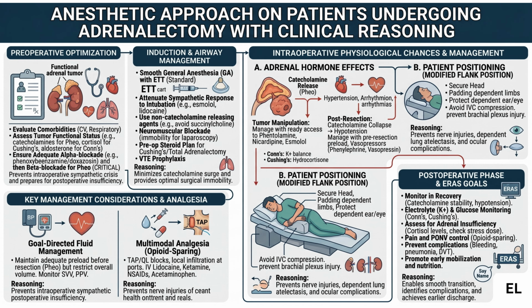Electrolyte and glucose monitoring are also essential, especially in Conn syndrome and Cushing's syndrome patients. Adrenal insufficiency must be recognized early because inadequate cortisol levels can produce hypotension, weakness, vomiting, hypoglycemia, and shock. Therefore, cortisol monitoring and steroid replacement become critical in selected patients.